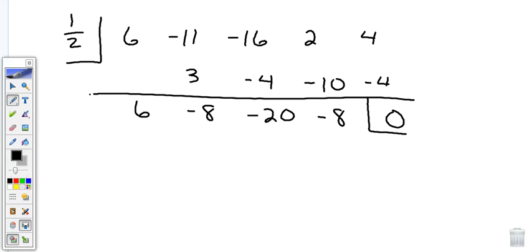Has anybody gotten another 0? Carson, she has an upgraded calculator, so can you come over here?